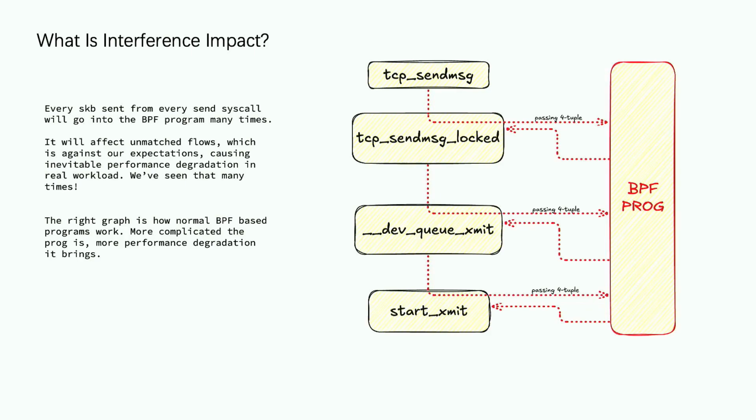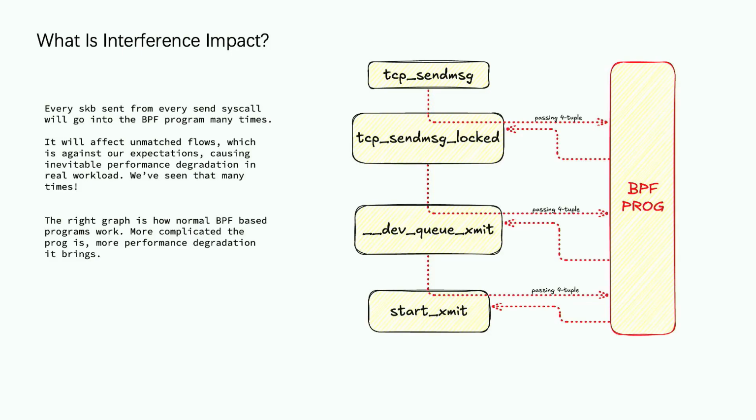It means the rest of those flows will face the same situation as the one we are going to chase. All the 10,000 flows will encounter the same problem, namely the performance degradation.